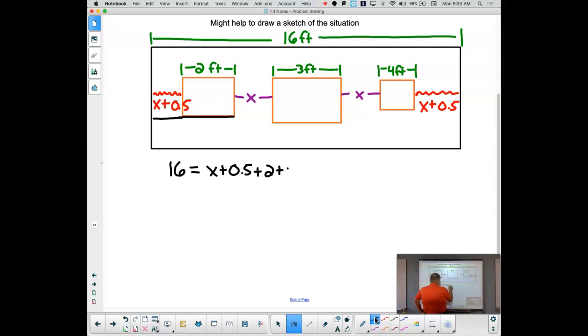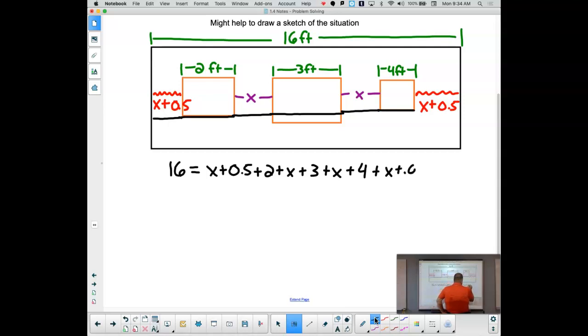And then I would go plus X. And now I am to here. And then I would go plus 3. And now I'm to there. Plus X. Now I'm to there. Plus 4. Now I'm to there. Plus X plus 0.5. And now I'm all the way across. Okay? So there is my equation.